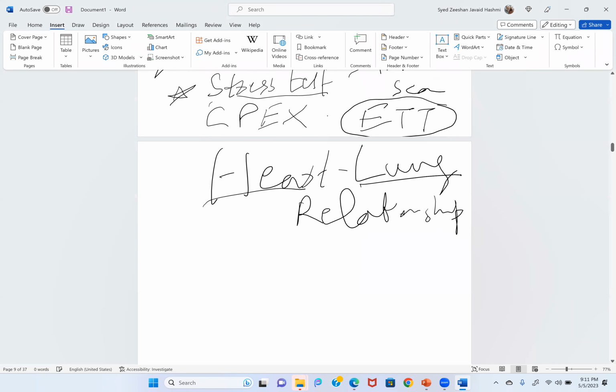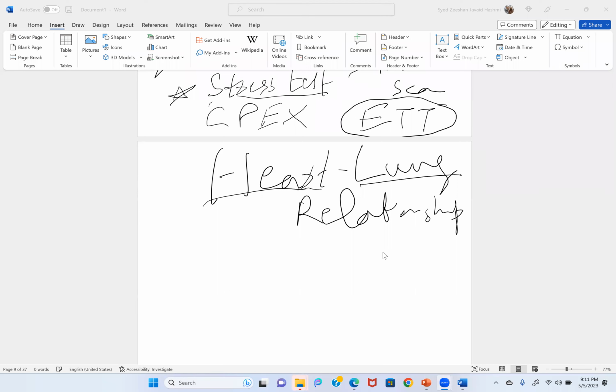Remember one thing, whatever we are trying to investigate, there is a strong correlation between the heart and the lungs, because if any of them is not functioning, ultimately functional capacity will decrease. Either the heart is not able to pump, or the lungs are not able to have the exchange, CO2 going out and oxygen coming in.